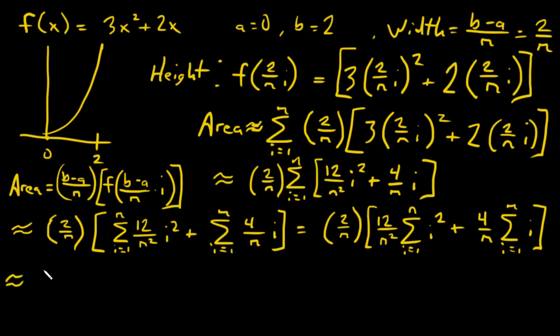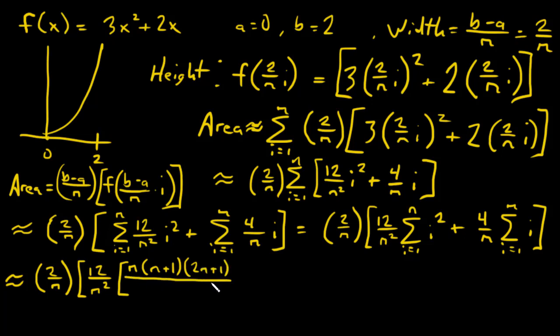So I can apply those. We're going to have this equal 2 over n, and then it's going to be bracket 12 over n squared times, well, what does the summation of i squared look like? It's n times (n plus 1) times (2n plus 1) over 6.